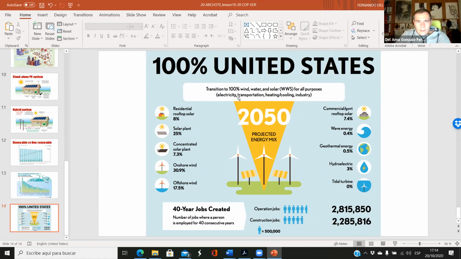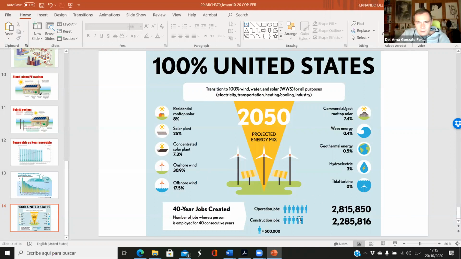Okay, so this is the prediction. They always connect this renewable market growth to jobs. Okay, so this is optimistic as well. They claim that they can generate more than 5 million jobs with these new plants.